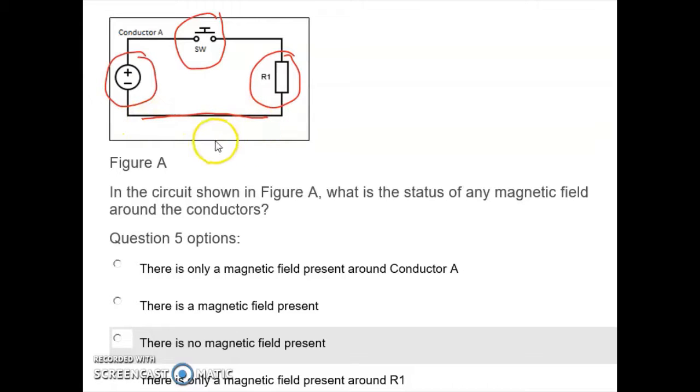All of these lines are conductors. So we have the voltage supply, but then we have this open switch. Notice that it's open. These areas here are not touching. So that means there's no path for current to flow. There's no current flowing. If there's no current flowing, then there is no magnetic field.